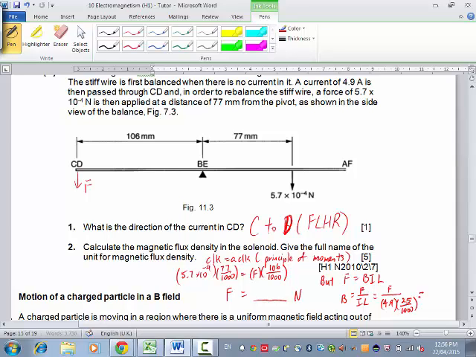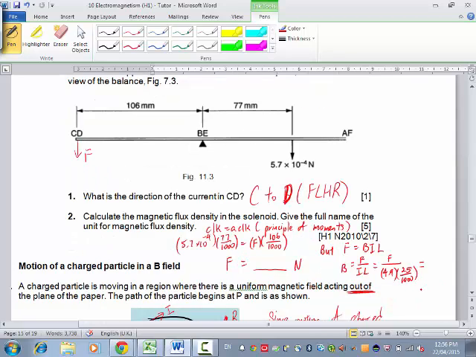Then you can find the answer. The unit is in Tesla.